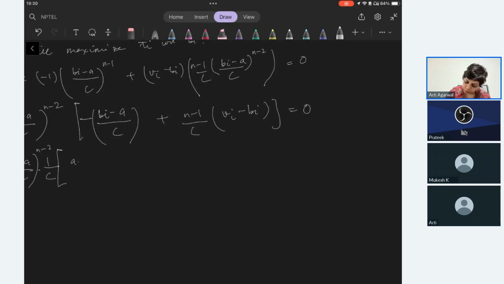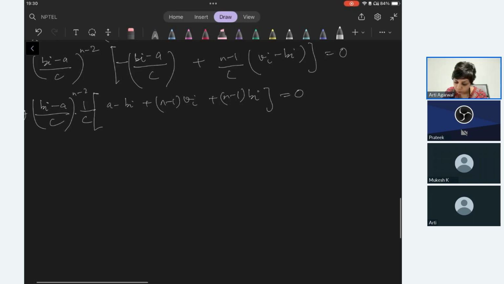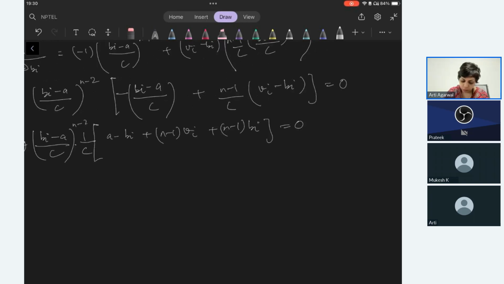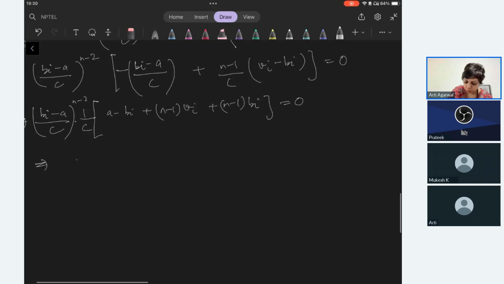A minus bi plus n minus 1 into vi plus n minus 1 into bi is equal to 0. That's what I'm getting. I hope it is correct. So let's simplify this. N minus 1 becomes n minus 2 vi.